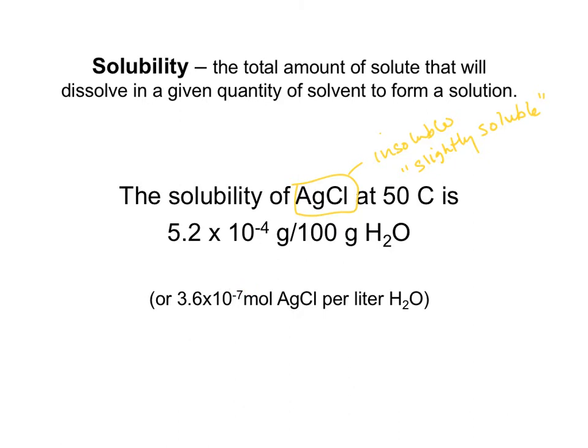A tiny bit is dissolved, but most of it is sitting in the bottom of the beaker as a solid. And you'd say that's an insoluble compound. Or the term slightly soluble is telling you that a little bit is dissolved, and that's true. 10 to the minus 7 moles of it are dissolved in an entire liter, which is not very much.